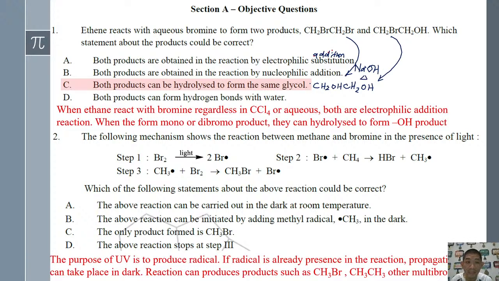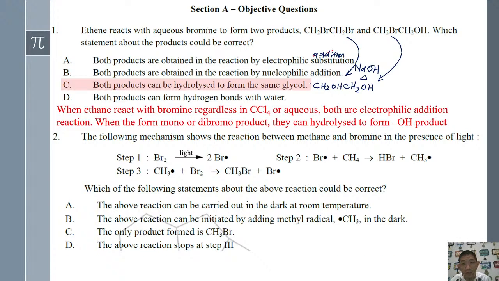So that is what it means here. And then finally D says both products can form hydrogen bond with water, not the first one but the second one, yes. So the answer in number 1 is C.